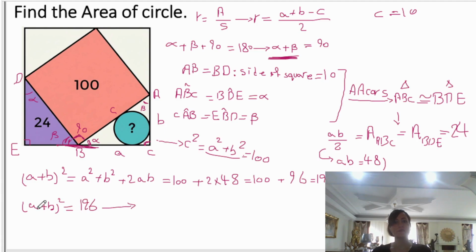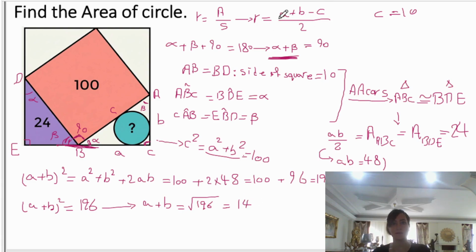I take a square root from both sides, so I have a plus b equals the square root of 196, which is 14. That's it. I find a plus b equals 14.